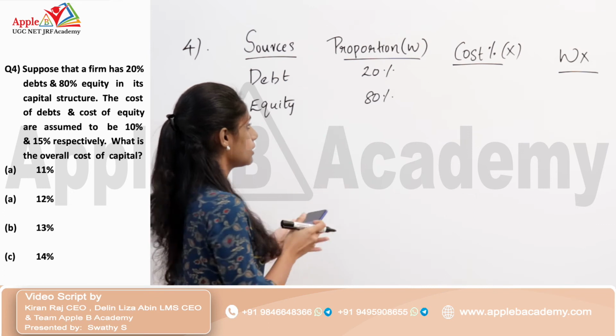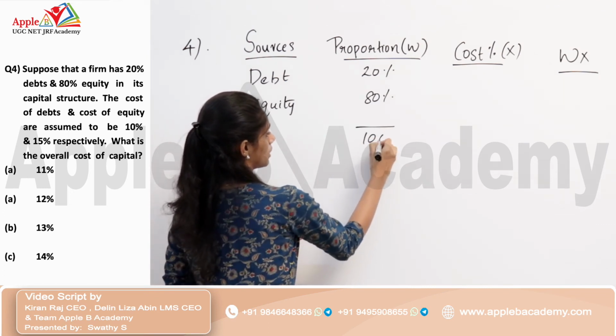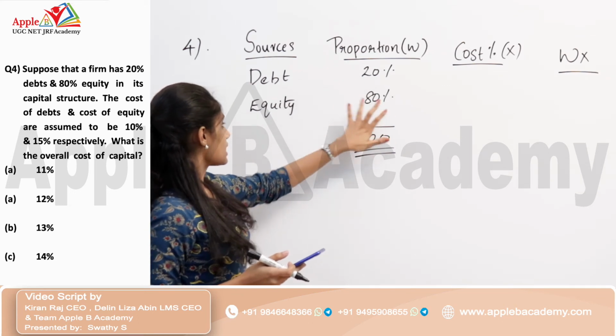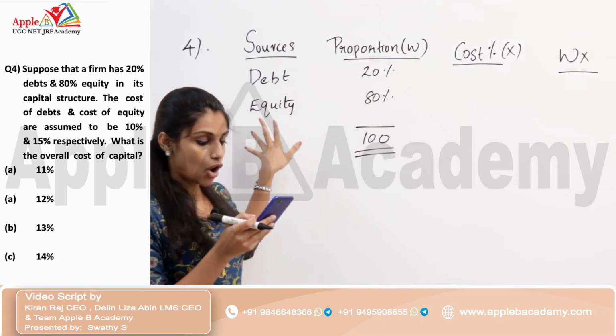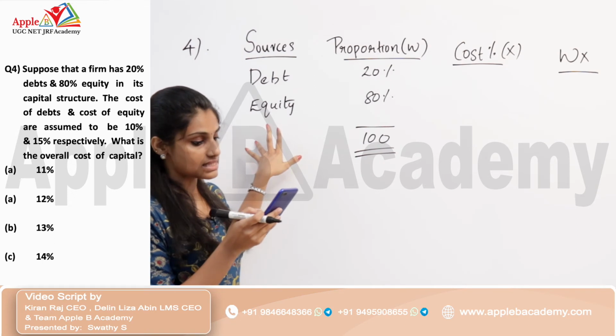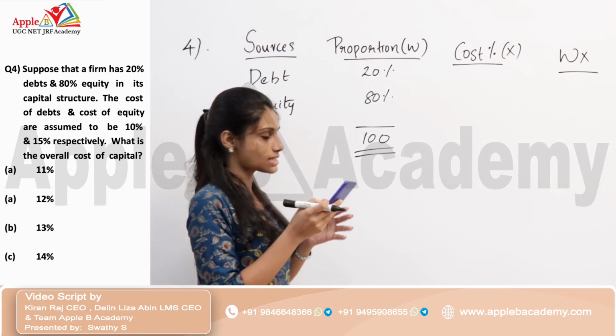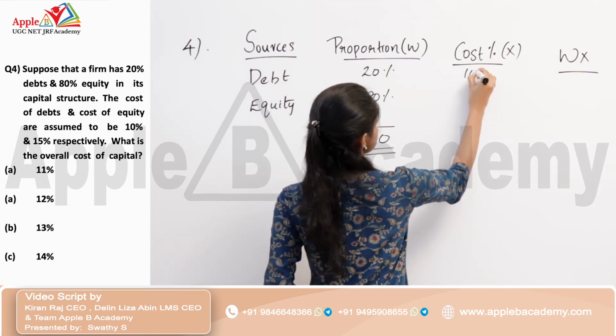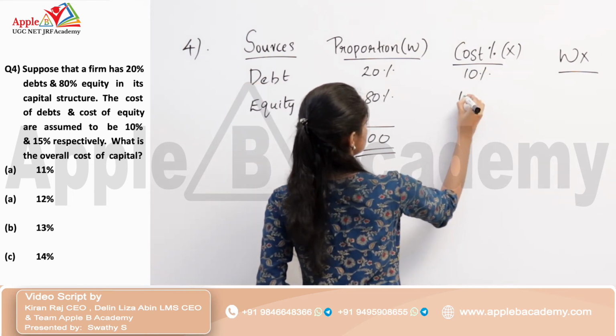The total proportion is 100: 20% of debt and 80% of equity. Then the cost of debt is given as 10% and the cost of equity is 15%.